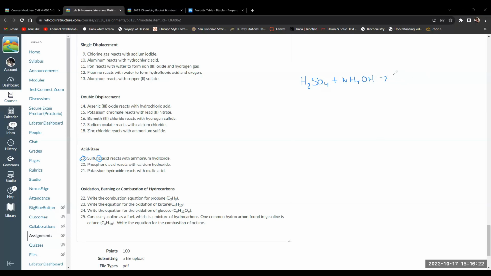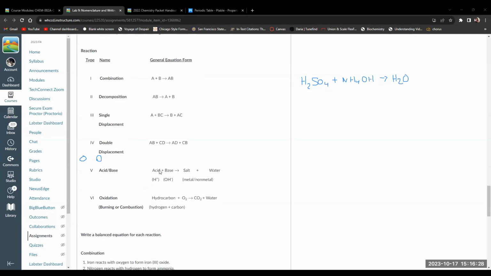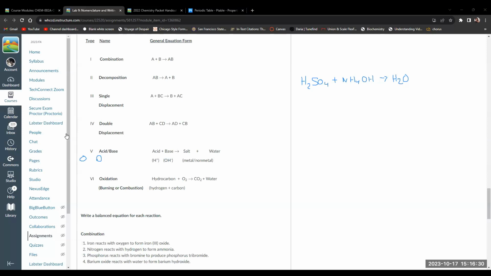And we know we're going to get water, because again, we are working with acid and base. We have our acid. We have our base. Now we just need salt and water.